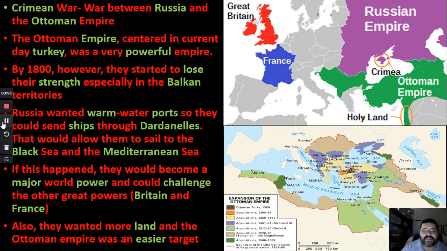But at this time, the Ottoman Empire was stationed in Turkey. That was their main place, and they were a very, very powerful nation. Problem is, like a lot of powerful countries back in the day, they don't remain powerful forever, and they start to lose some of their strength and power.